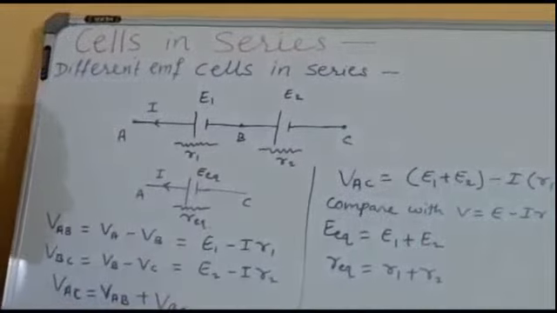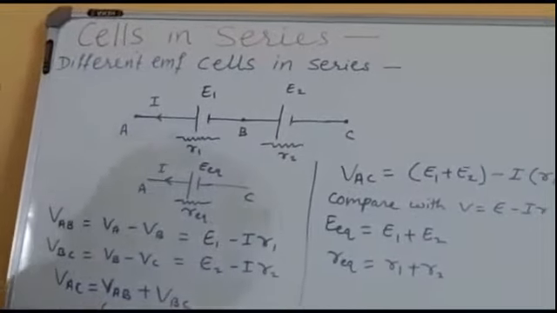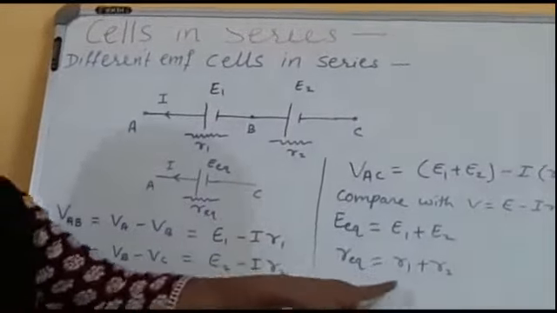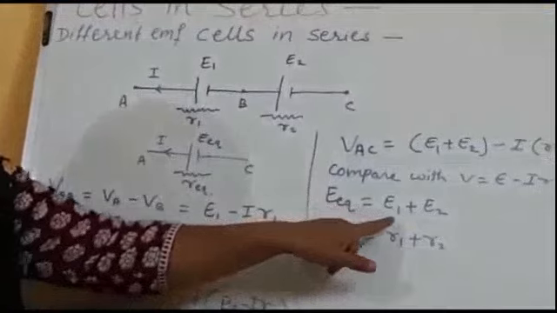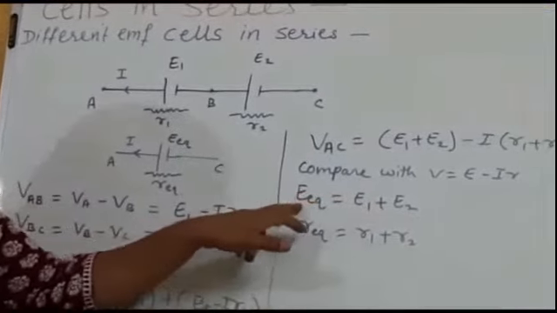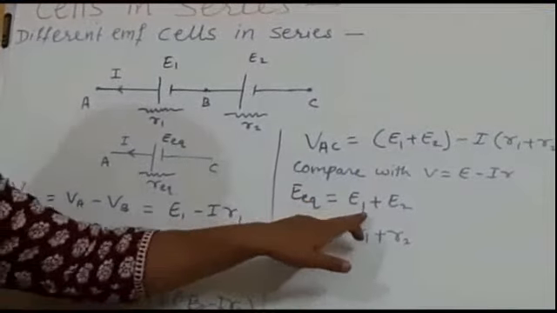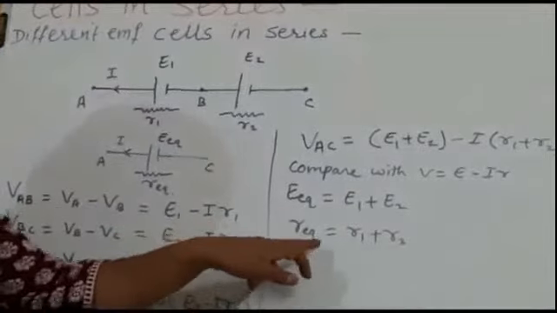So when cells are connected in series, the effective resistance is additive and the effective total EMF again is additive. E equivalent is equal to E1 plus E2, r equivalent is r1 plus r2.